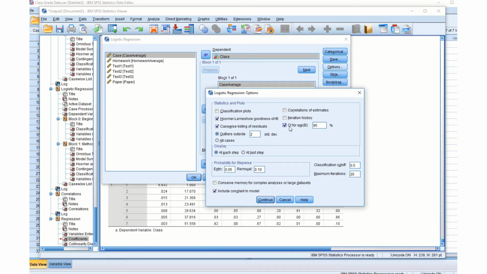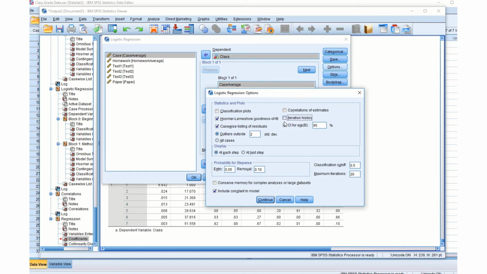The confidence interval is nice to have. Some folks will check the iteration history, especially if you're using a stepwise method, either forward or backward entry of variables.